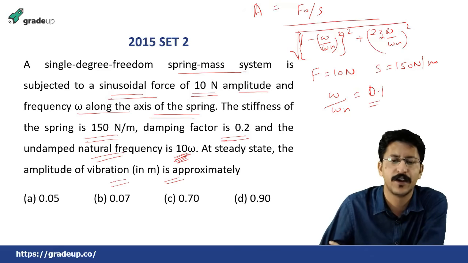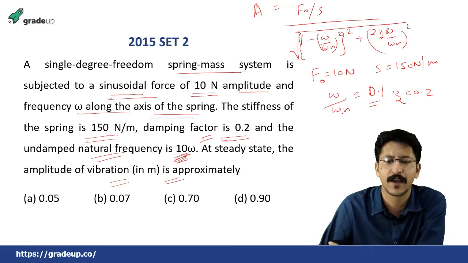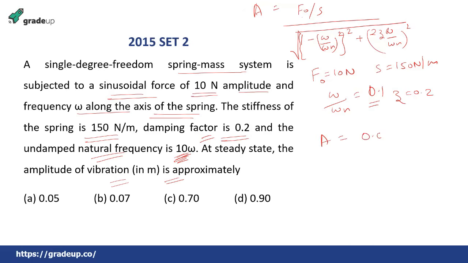The damping factor zeta is also given as 0.2. You substitute all these values, F naught, s, omega by omega n, and zeta, and you will get A equal to something like 0.066 meters, and the approximate value is 0.07. The option B, 0.07. Do not get confused with 0.7. It is not 0.7.